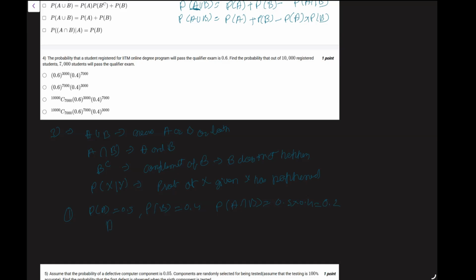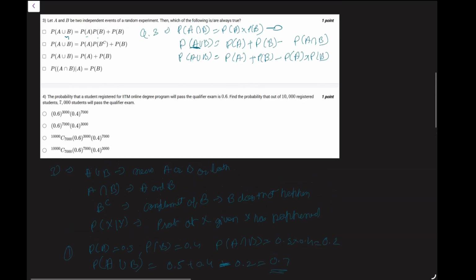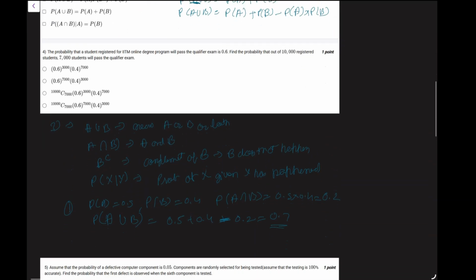Then the actual probability of A union B will be 0.5 plus 0.4, oh sorry, minus 0.2. The answer is 0.7. However, this should be the answer. But if we put these numbers in the first option, what are we getting?